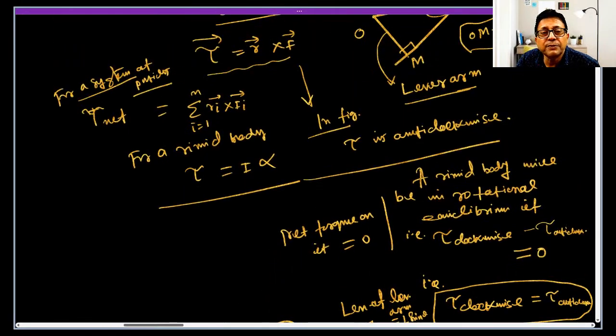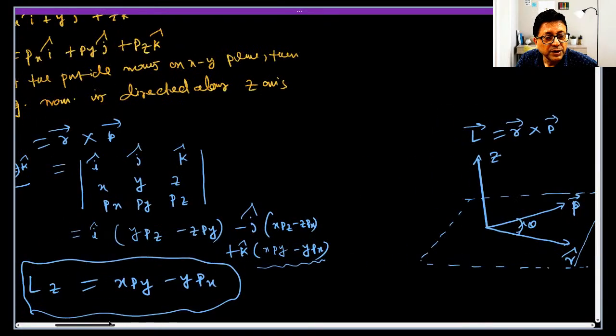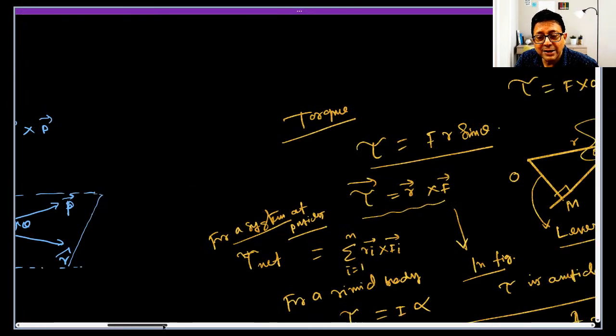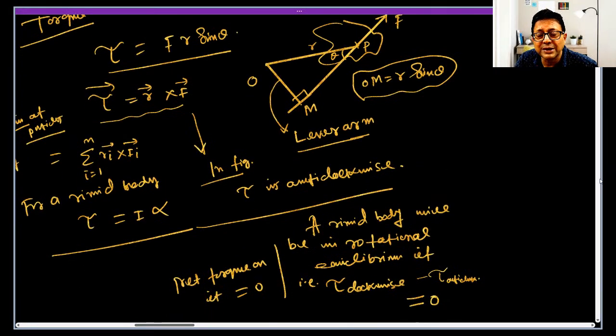So what is the learning from here? Torque due to a single force, torque due to many forces. Torque due to a rigid body we have not done yet, we will be doing it definitely. And another thing I told you, for equilibrium, net clockwise torque will be equal to net anticlockwise.